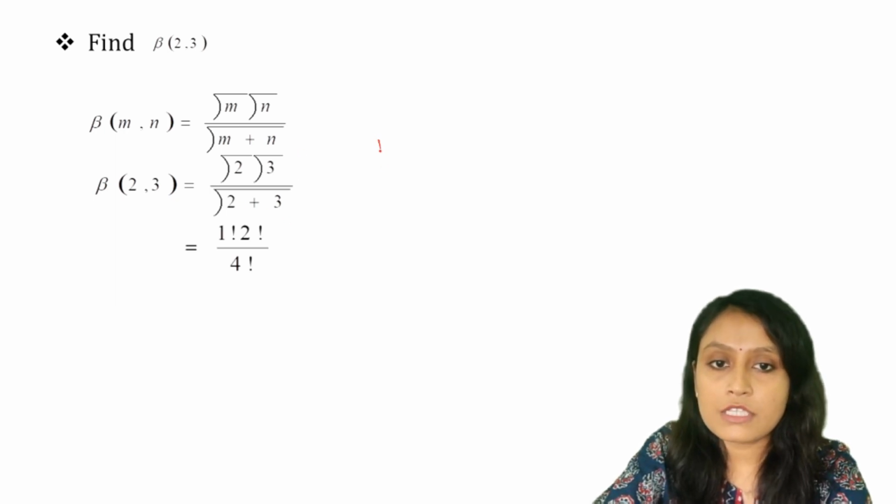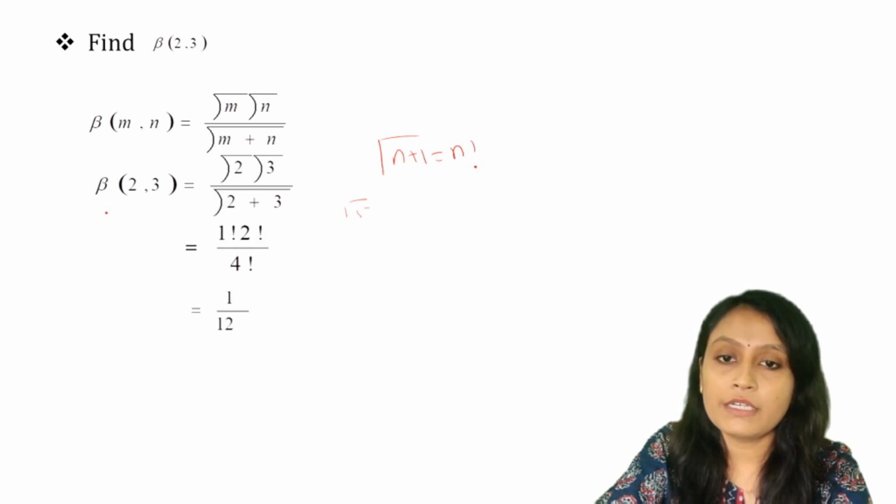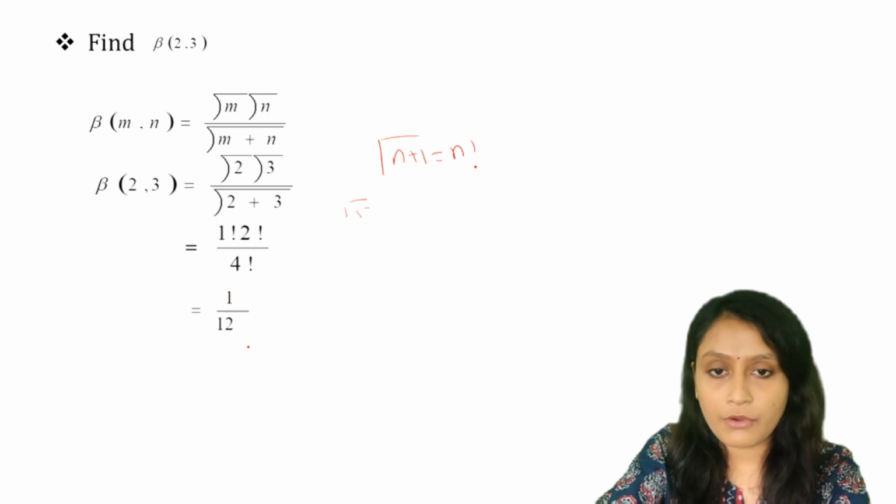Now we will use the formula Γ(n+1) is equal to n factorial. So from this you will get 1 factorial, from Γ(3) you will get 2 factorial, and this is Γ(5), so you will get 4 factorial. Simplify this, and you will get the answer of β(2, 3) as 1/12.